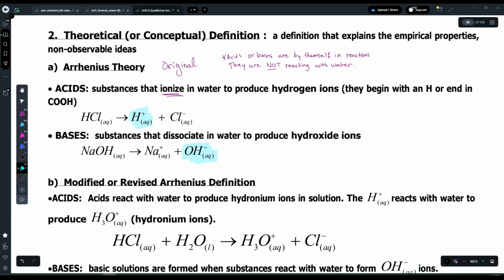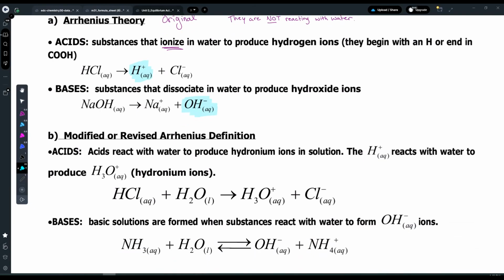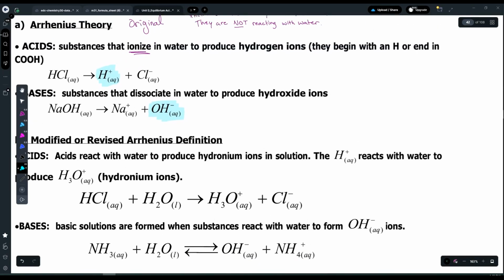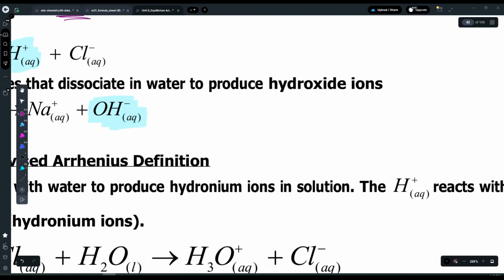Okay. However, the problem with Arrhenius theory is that it couldn't explain all acids and bases. So we modified the definition, and that's how we get modified Arrhenius definitions of acids and bases. The key difference between the original Arrhenius theory and modified Arrhenius theory is that for modified Arrhenius, we have the acid or the base reacting specifically with water.